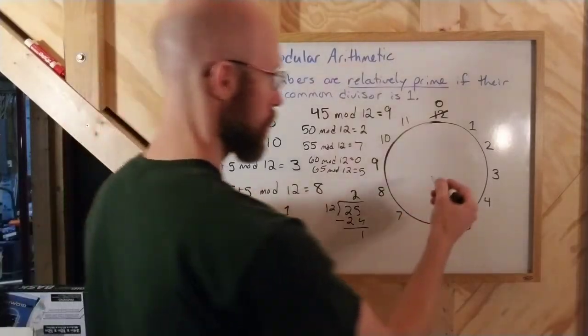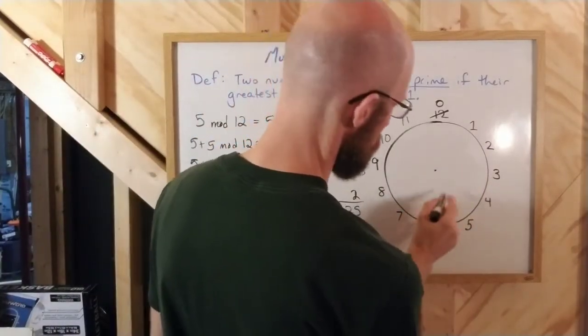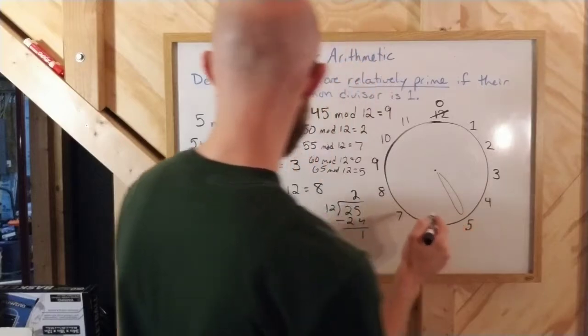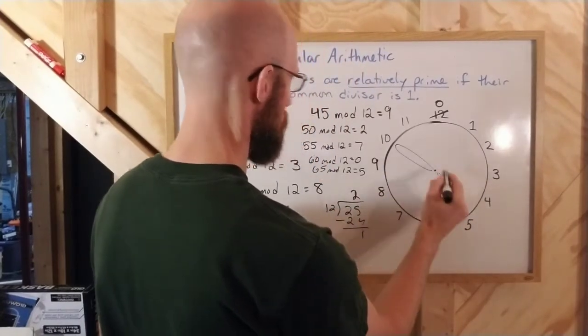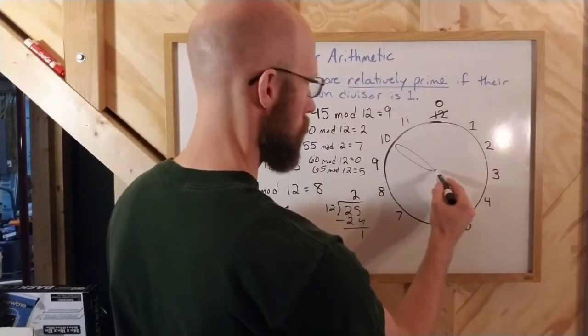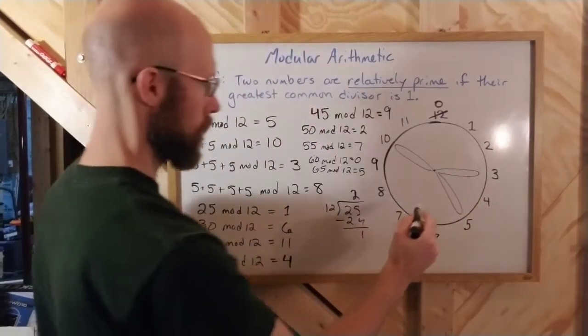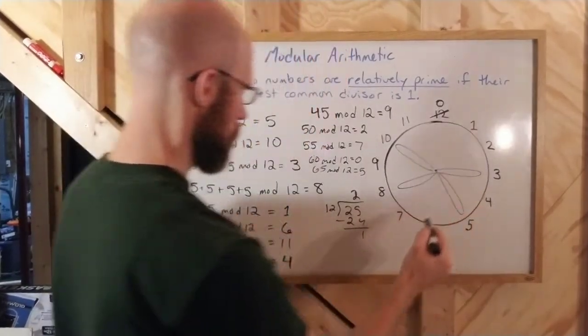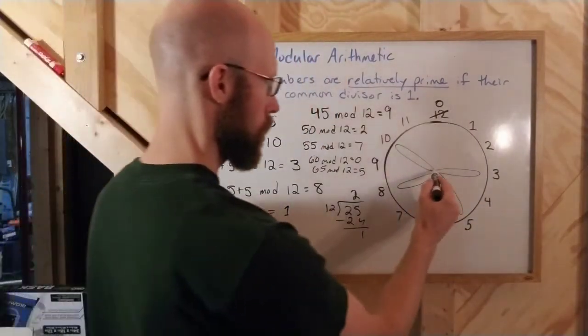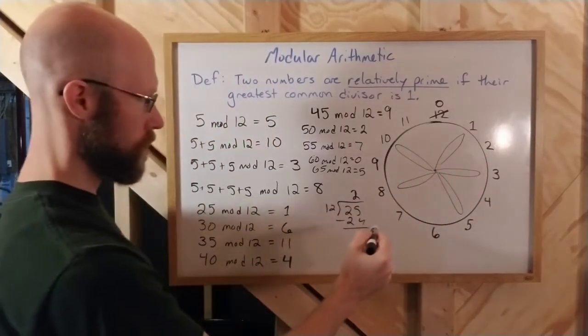You start here, you'll get 5, and then you get 10, and then you get 3, and then you get 8, and then you go to 1, and you can kind of see how this is going to develop.